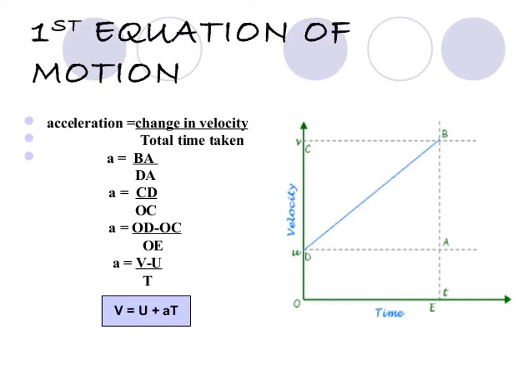So final velocity minus initial velocity divided by the time. What is the final velocity? OC minus OD, which becomes DC, by OE, that is the time T. So finally the equation becomes V equals U plus AT. This is the first equation of motion.